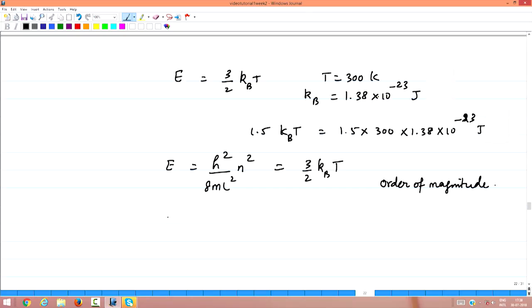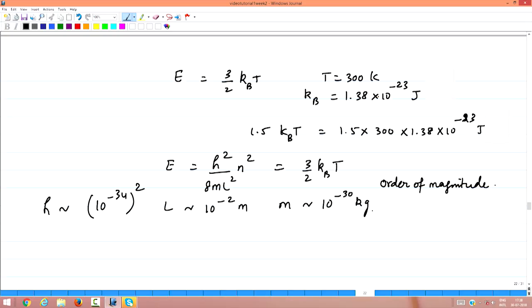Okay. h is of the order of 10 to the minus 34 joule second. So, h, that is a 6 point something, let us not worry about it, the square, and L is of the order of a centimeter. So, it is 10 raised to minus 2 meters, and the mass of the electron is approximately 10 to the minus 30 kilograms.